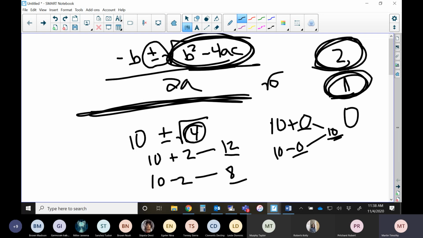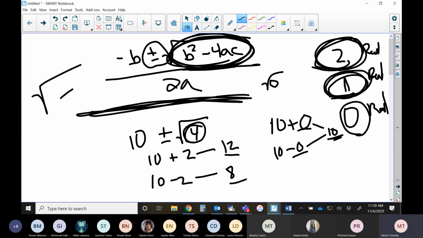Now, how the heck can I get 0? Well, these are real answers, by the way. This is 2 real. This is 1 real. This is 0 reals. Why? What would happen to the discriminant? What happens when I have a negative underneath the radical or underneath the square root? What pops out? i. And what happens when I have an i?